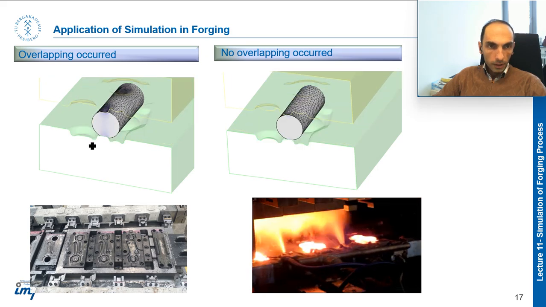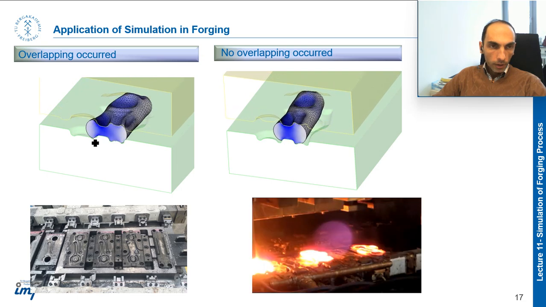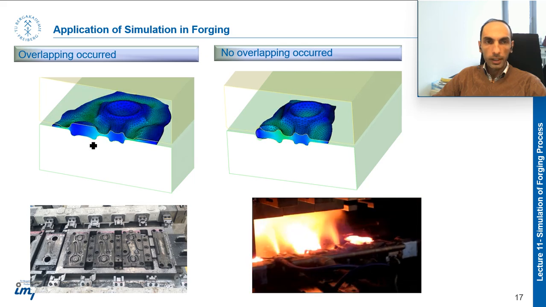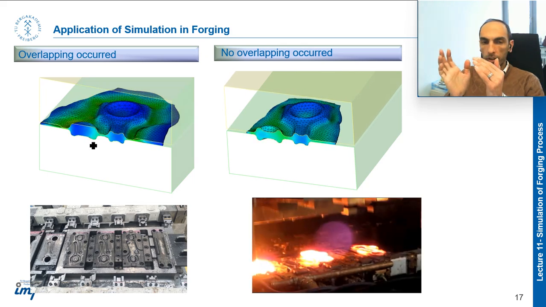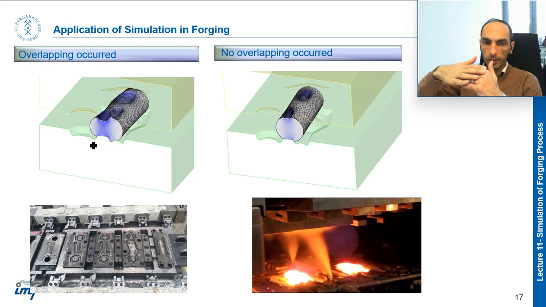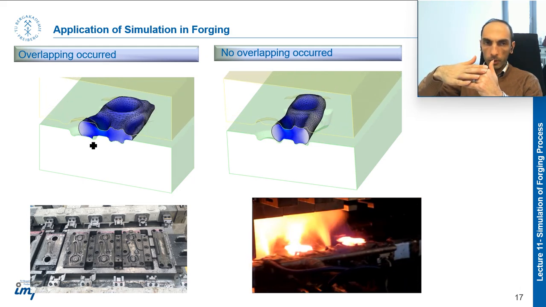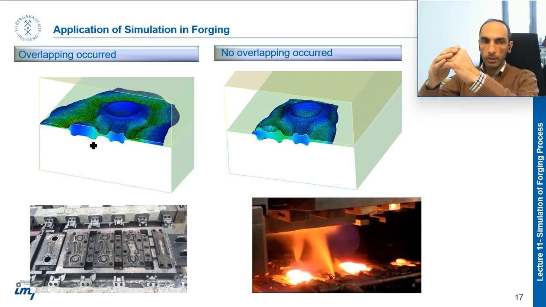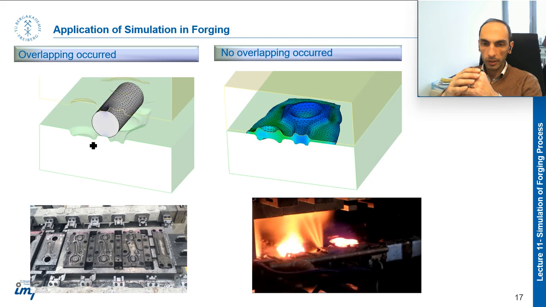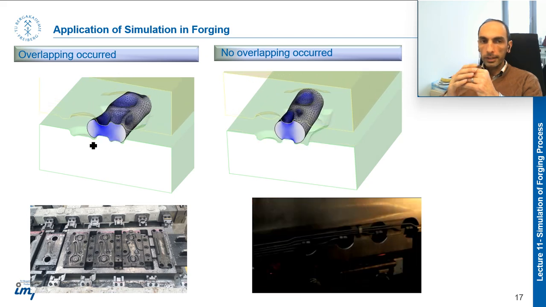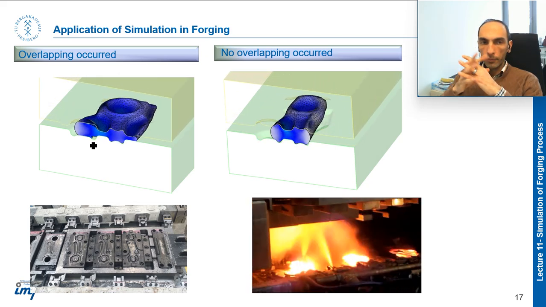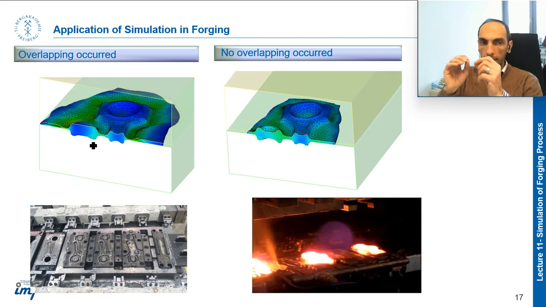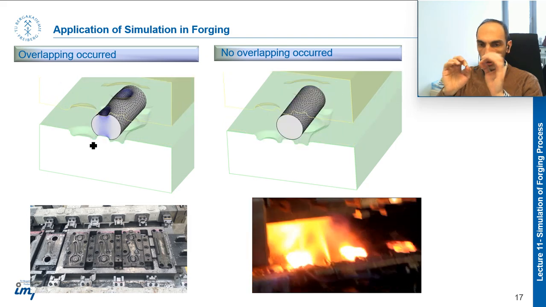In the initial design, exactly here, an overlapping happens. Overlapping means that the material on the surface falls on the surface again. Then it goes to the depths of the part sometimes, and sometimes it remains on the surface. Later you can find it as a micro crack in the product.